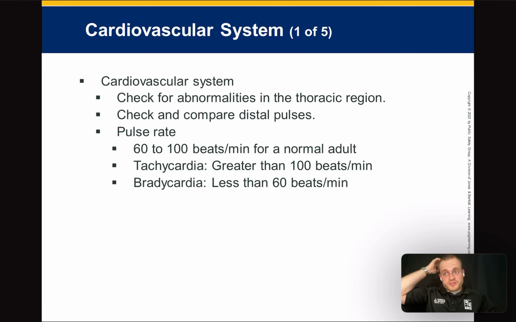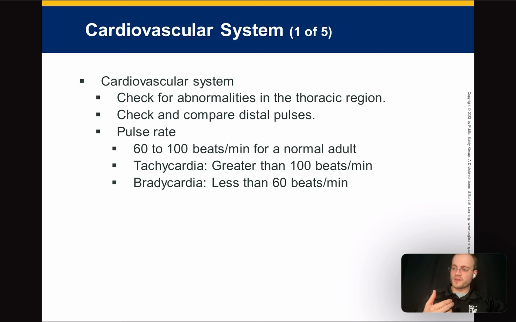So the cardiovascular system, you're going to check for abnormalities in the thoracic region. You don't typically see abnormalities on visual inspection. You might see some parasternal heave or something like that, but that would be rare. But you're going to check and compare the distal pulses. So you might feel the radial pulses on each side.